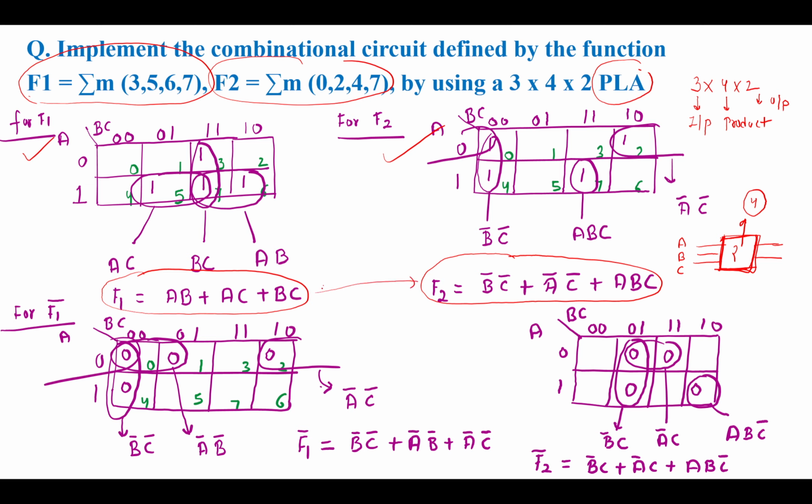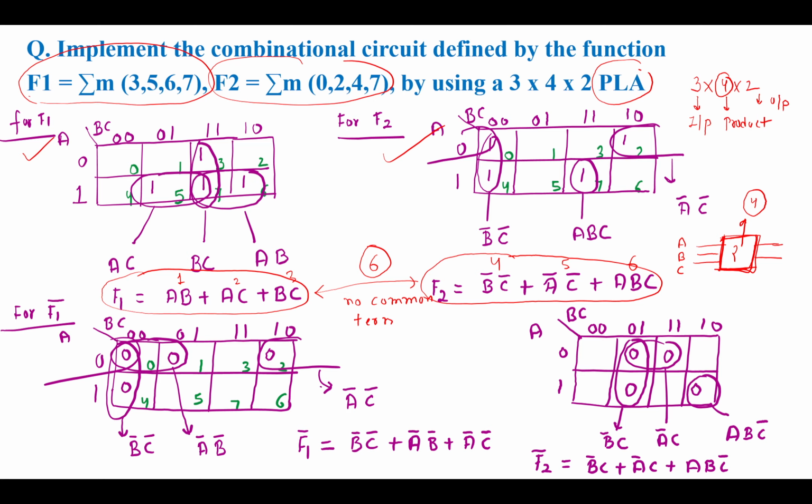If you count the number of terms, this is the first term, second term, third term, fourth term, fifth term, and sixth term. So total 6 product terms in these two functions F1 and F2, but we need 4 product terms only.